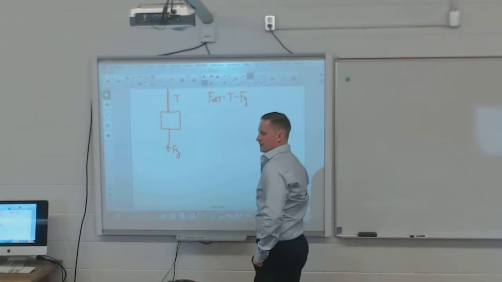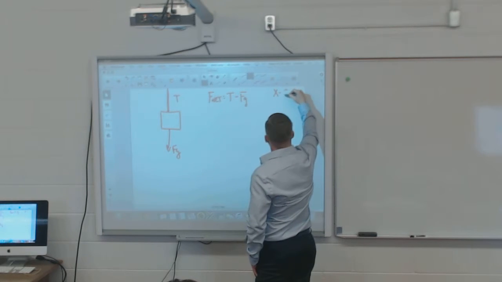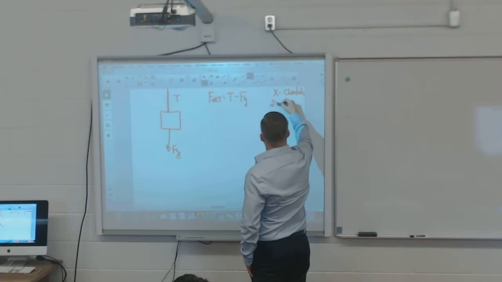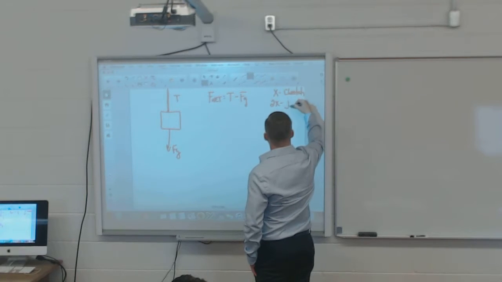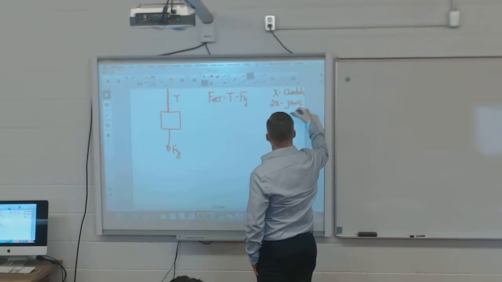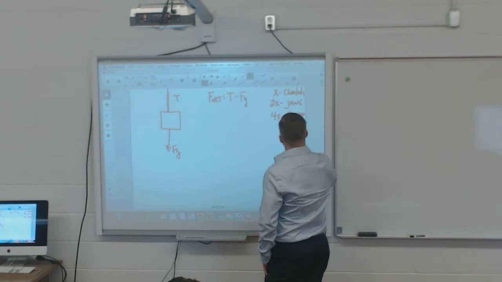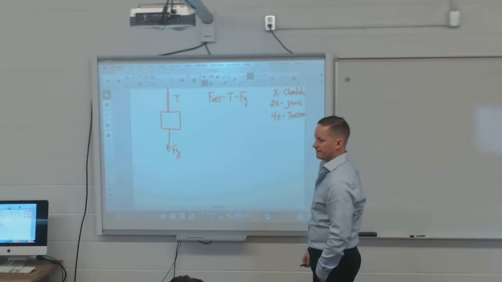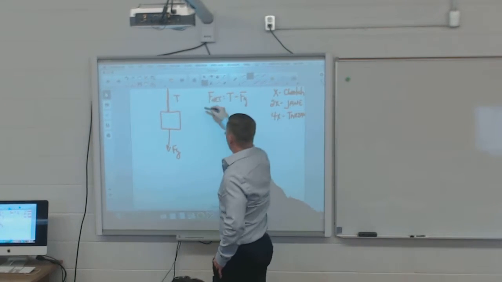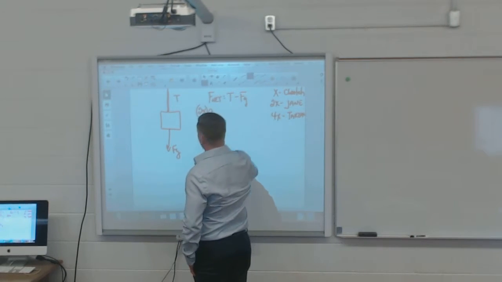So Cheetah is X. Jane has twice his mass. Tarzan has twice her mass. So she's climbing it, so her mass is 2x times her acceleration.